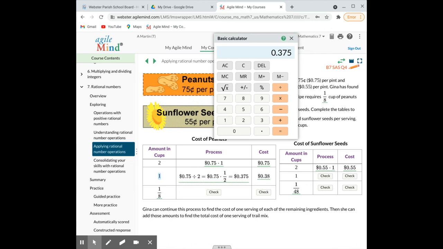All right, so now what are we going to need to do, Janaya, to take this 1 cup and make it 1/8 cups? Subtract. I don't know that subtract's going to work. What operation could we do to take 1 and make it become 1/8? It's got to be multiplication or division.